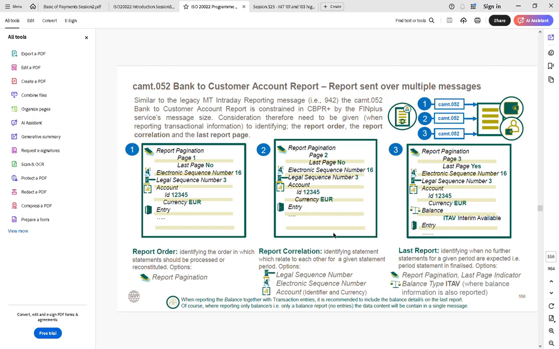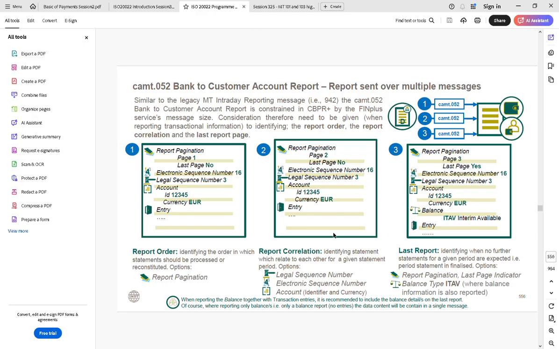Similar to the legacy MT 942 intraday reporting message, CAMT.052 bank to customer account report is considered in CBPR. FIN Plus service message size is considered, therefore it needs to be given. It can be sent as multiple reports in a single way.